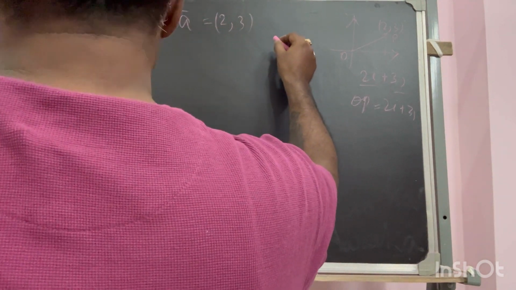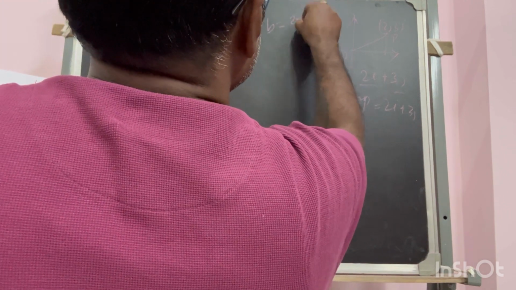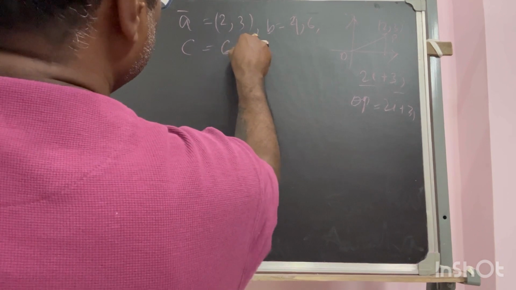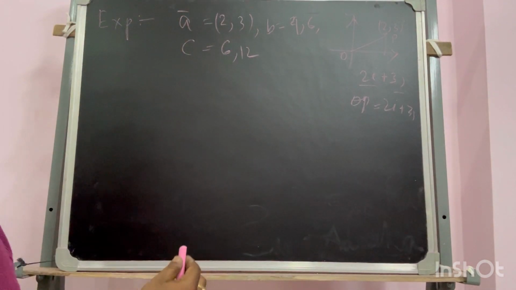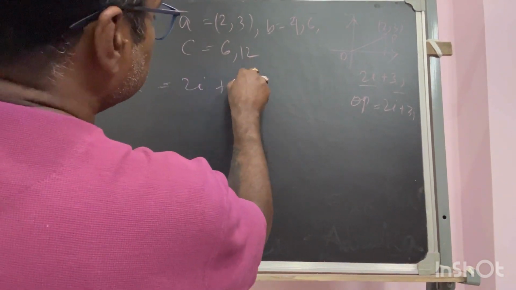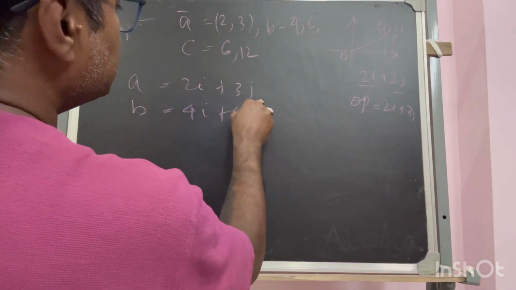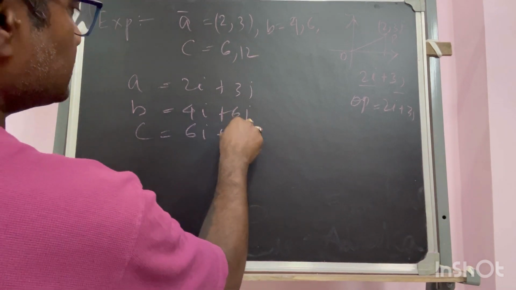Vector A is represented by 2, 3, vector B by 4, 6, and vector C by 6, 12. Now you have to prove whether they are collinear or not. A is 2i plus 3j, B is 4i plus 6j, and C is 6i plus 12j.